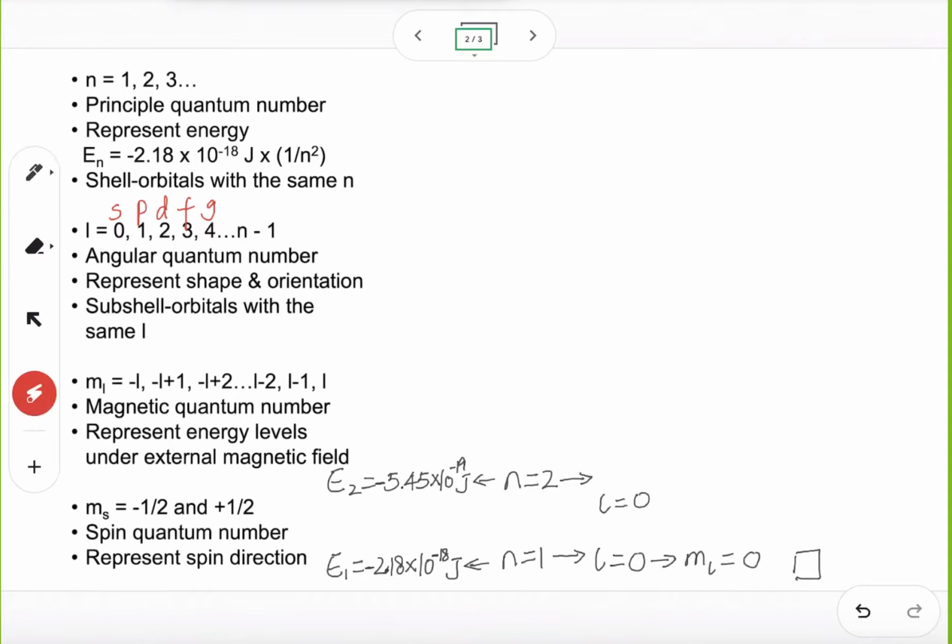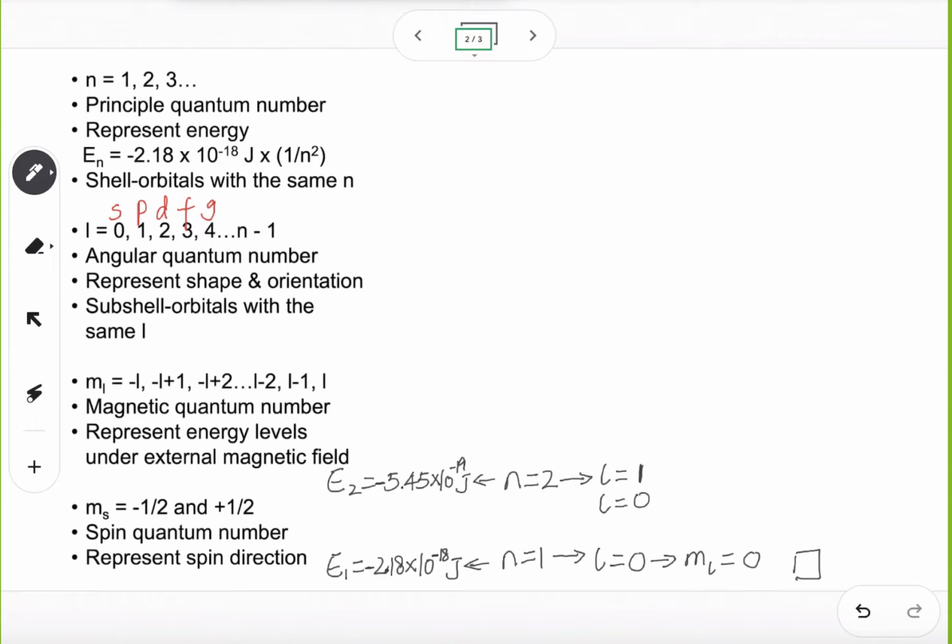Now remember, the maximum value for L is n minus 1. When n equals 2, the maximum value for L is 2 minus 1, and that is 1. In other words, the maximum value for L is 1.